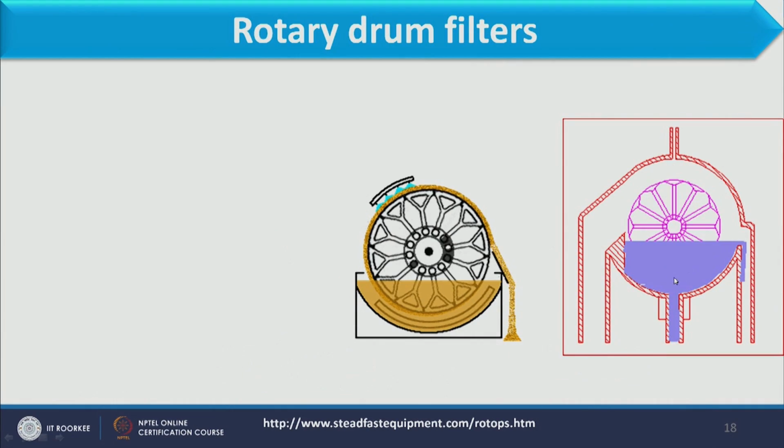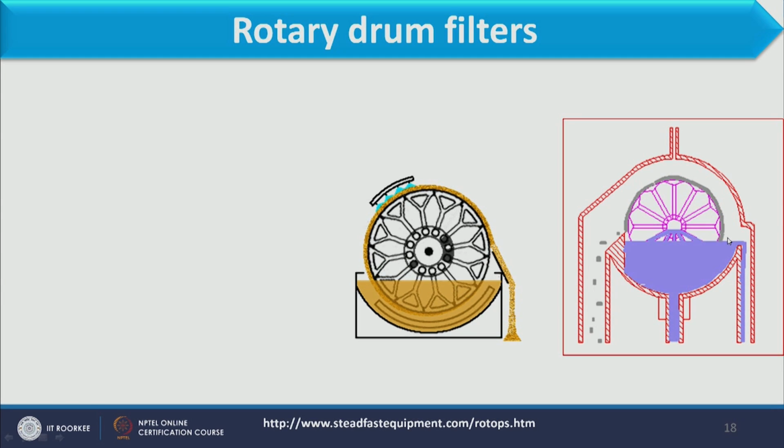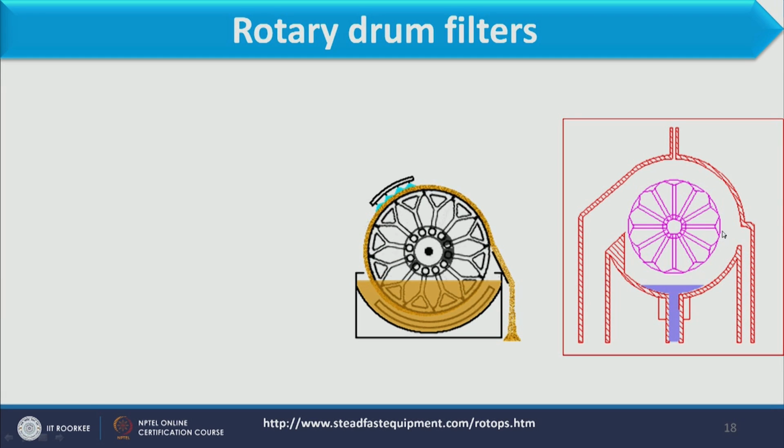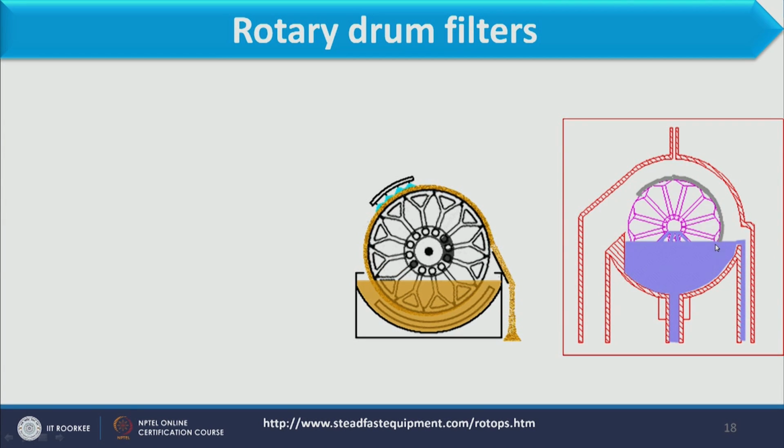Now if you see, this is the animation of this. Some section of this is submerged into the liquid, and due to vacuum it sucks the filtrate and cake formation happens. Once cake formation happens, dewatering is done, because some moisture is available in the cake.